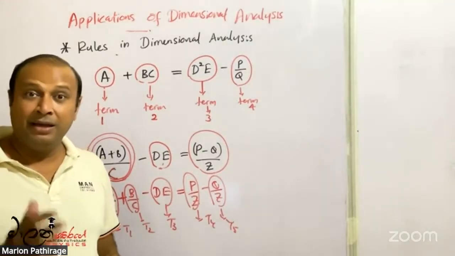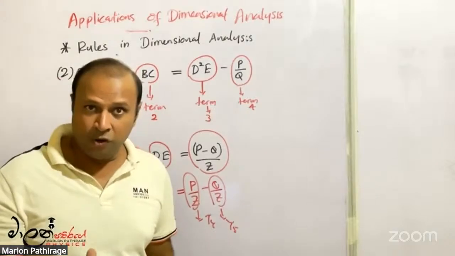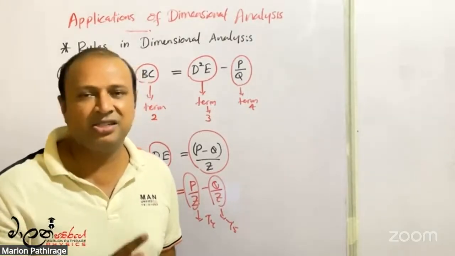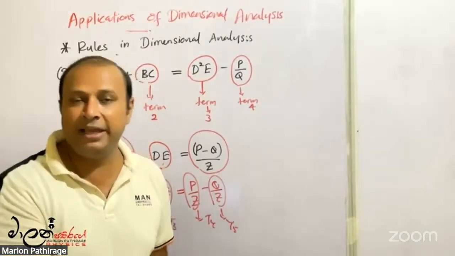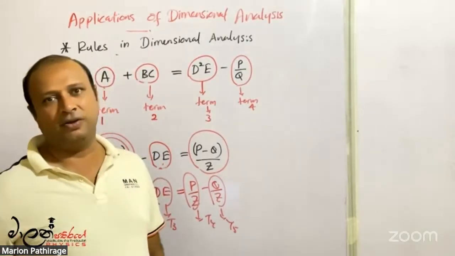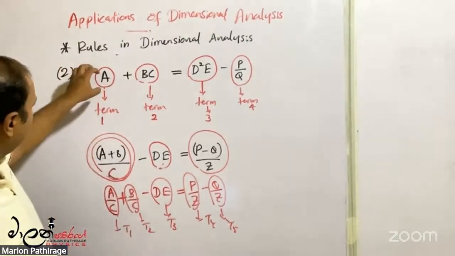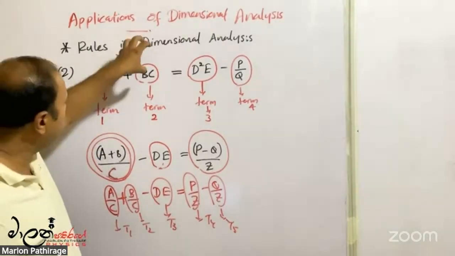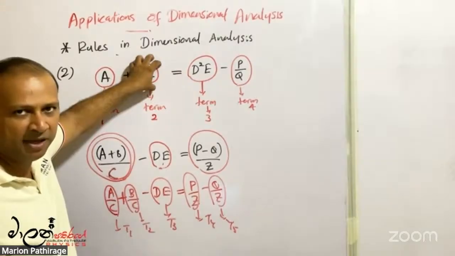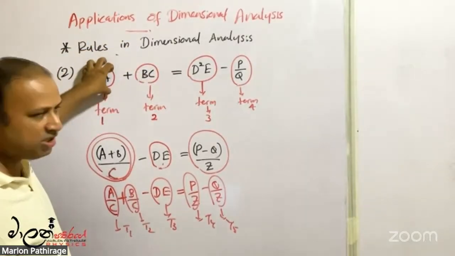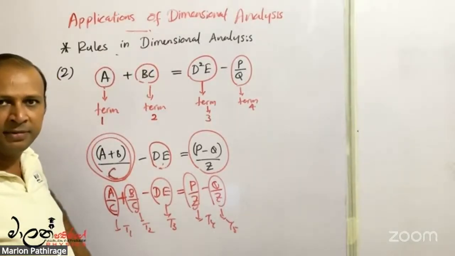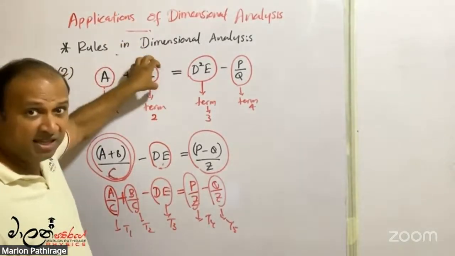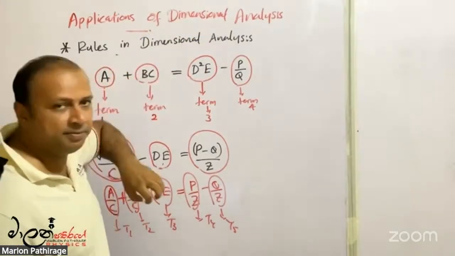Therefore, according to our first rule, addition or subtraction can be done between two same physical quantities only. Therefore, this term should be equal to this term. That means dimension of this term should be equal to dimension of this term. Not only this, these dimensions should be equal to this term and this one.